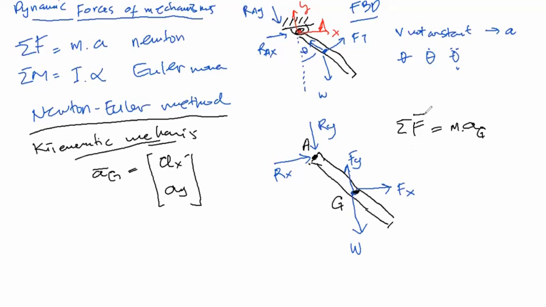So sigma F is a vector, A is a vector, m is not a vector. So here I can simply say that I have Rx and Ry, and then plus, what do I have here? I have W going downward. Does W have an x component?